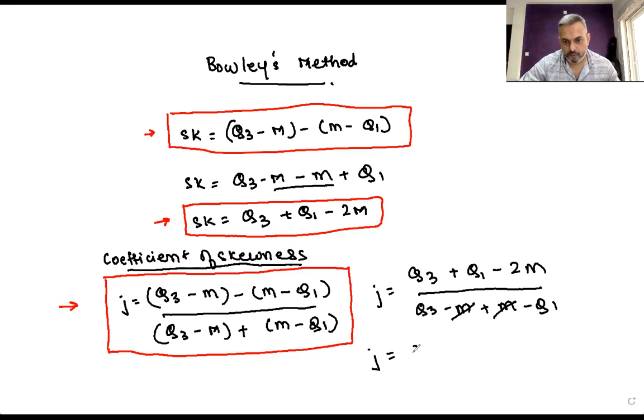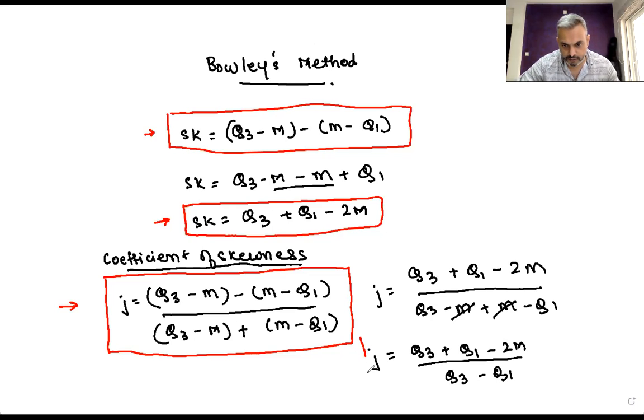So J is equal to Q3 plus Q1 minus 2M upon Q3 minus Q1. So let me highlight it.